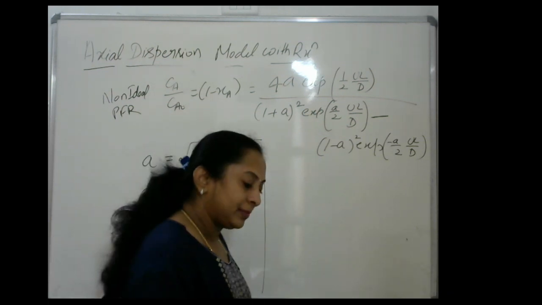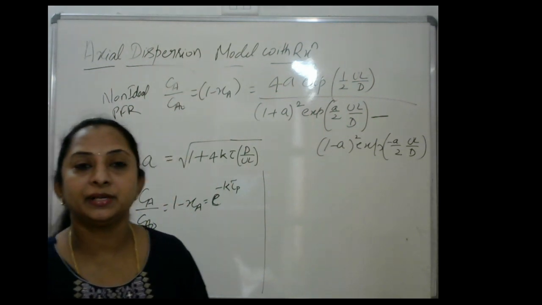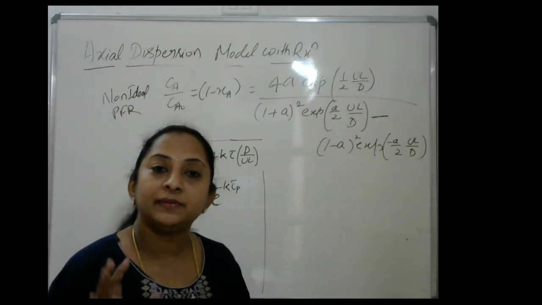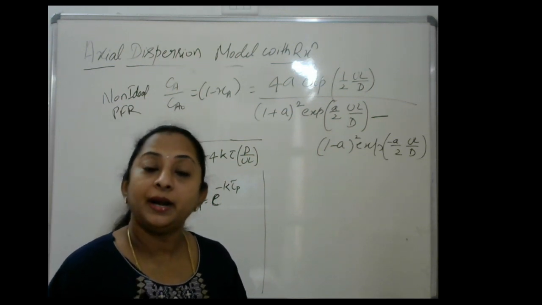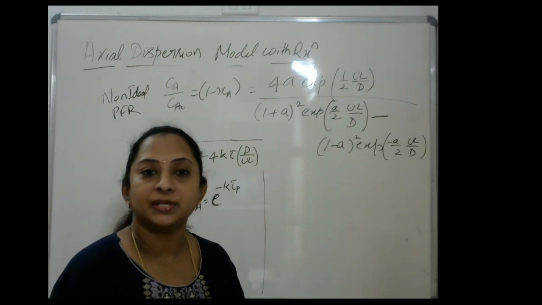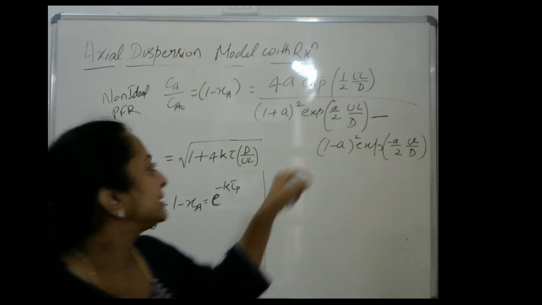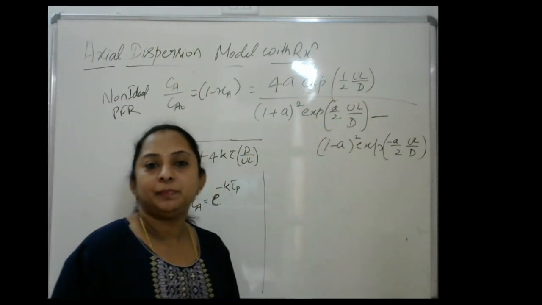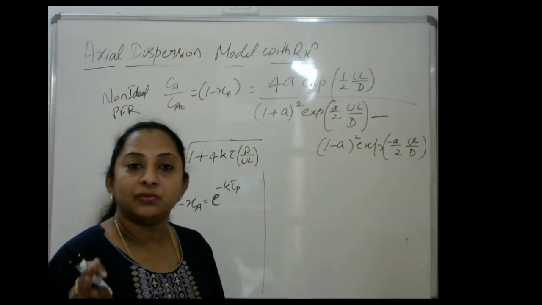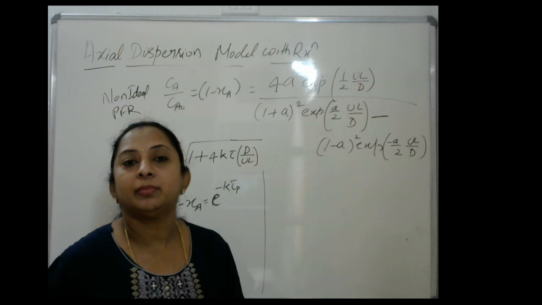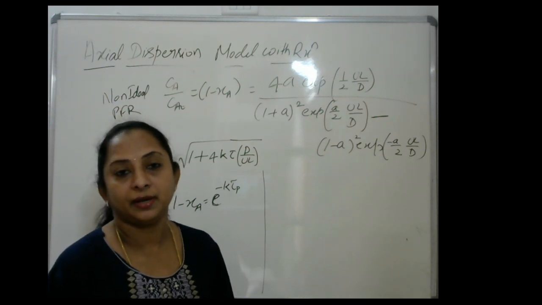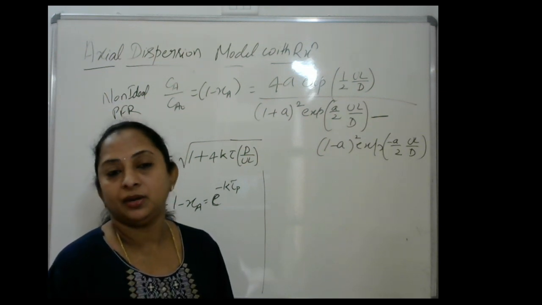But usually, if some experiment is to be designed, they first try to develop the models. And what is the basis to develop these models? The basis is D by uL. You may use data for D by uL versus N_Re, a series of D by uL values for different N_Re values.